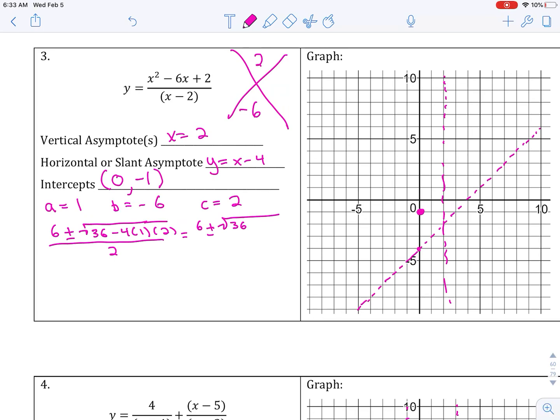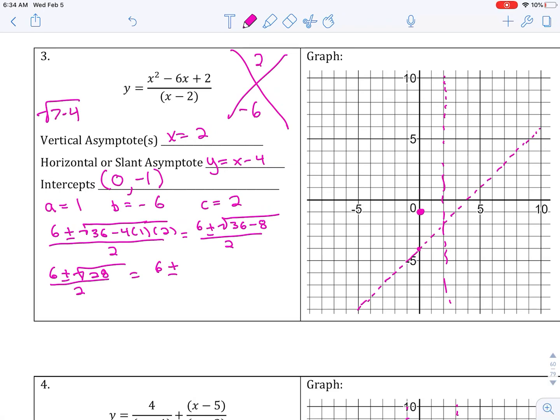So I'd essentially have 36 minus 8 over 2, which would give me the square root of 28 over 2, which would then give me 6 plus or minus, well, the square root of 28 would break down to 7 times 4.